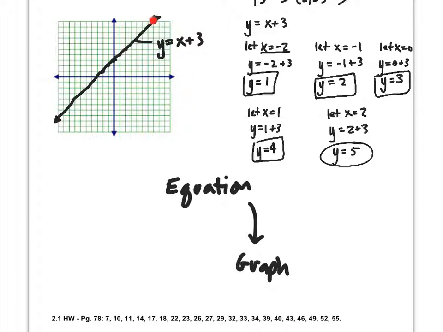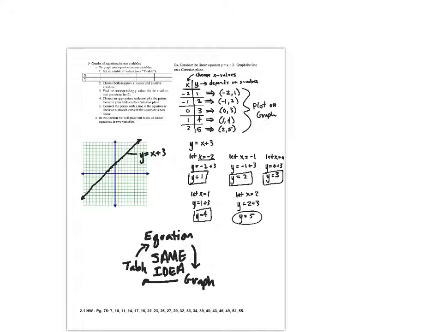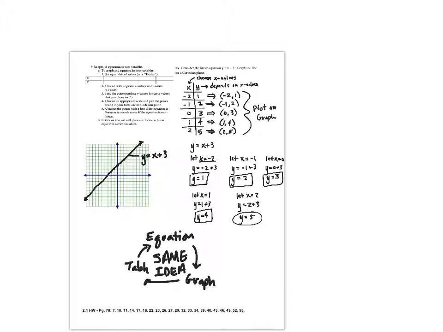It's a visual representation of this equation. And then we have a table. What I want you guys to realize is that all of these things represent the same idea. It's just different ways of writing it. It's a relationship between two variables, and that's what we're talking about.